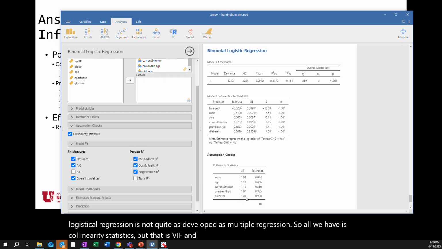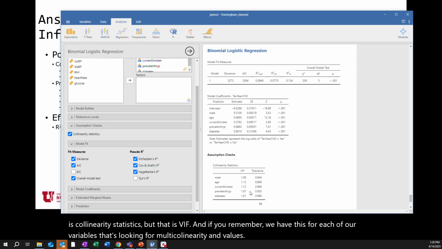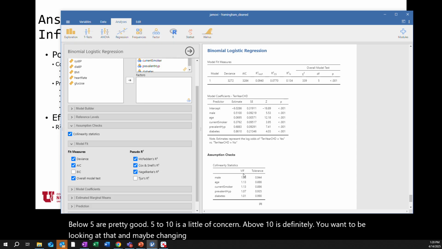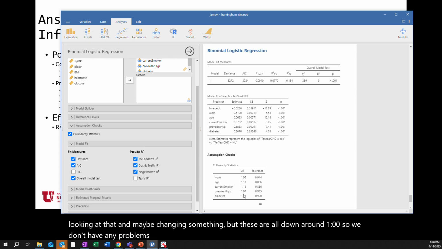If you remember, we have this for each of our variables, looking for multicollinearity, and values below 5 are pretty good. 5 to 10 is a little of concern. Above 10 is definitely something you want to look at and maybe change, but these are all down around 1, so we don't have any problems with multicollinearity here.